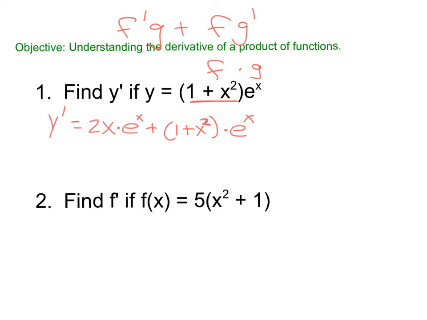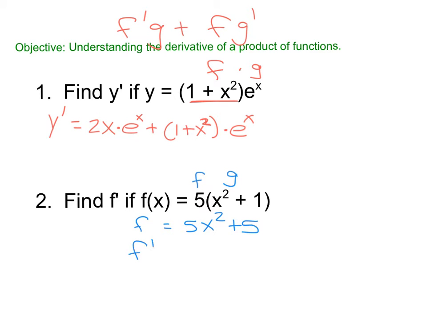All right, number 2. Now, the number 2 is a silly one. Kids do the product rule for this all the time. However, this isn't really a product rule because my f is a constant. So you don't really need to do a product rule here. I would honestly just distribute 5x squared plus 5.